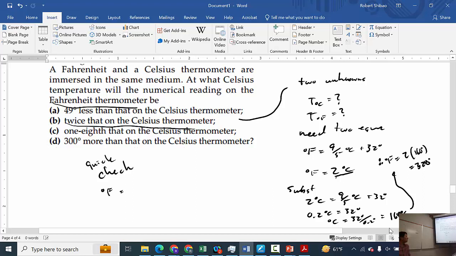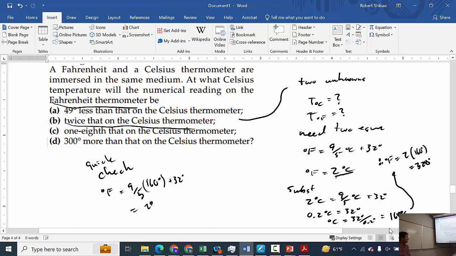We're going to calculate the degrees Fahrenheit by plugging in 160 degrees for the Celsius. 160 times 9 divided by 5 equals 288.